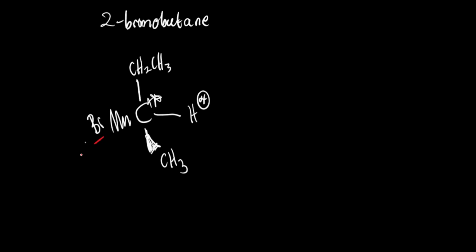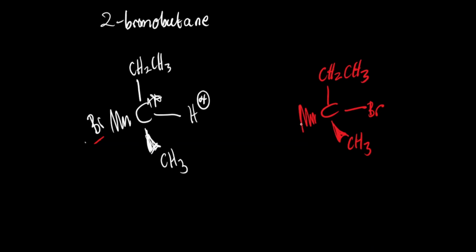So we're going to interchange bromine and hydrogen. So we'd have something that looks like this. We'd have our ethyl here as usual. Bromine would now take the place of hydrogen. We would have our solid wedge, looks something like this, with methyl here. And then on our dashed wedge, hydrogen has taken the place of bromine.